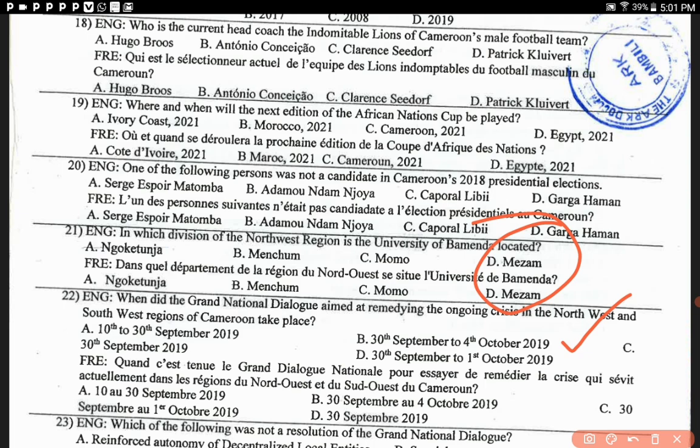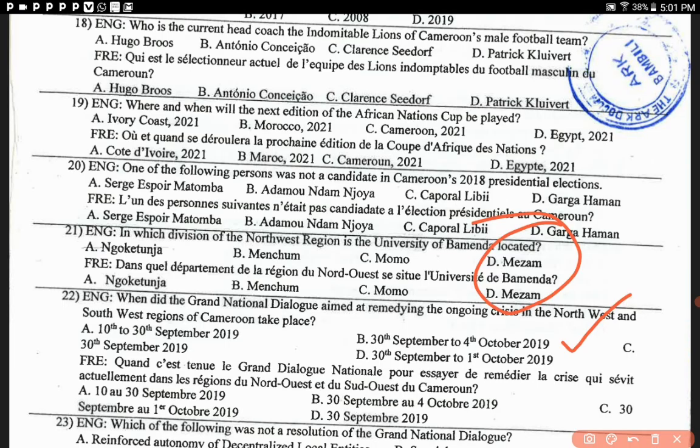Also, among others, the National Commission for the Promotion of Bilingualism and Multiculturalism was created, with the appointment of Peter Mafany Musonge as the president of this commission, by January 2017.